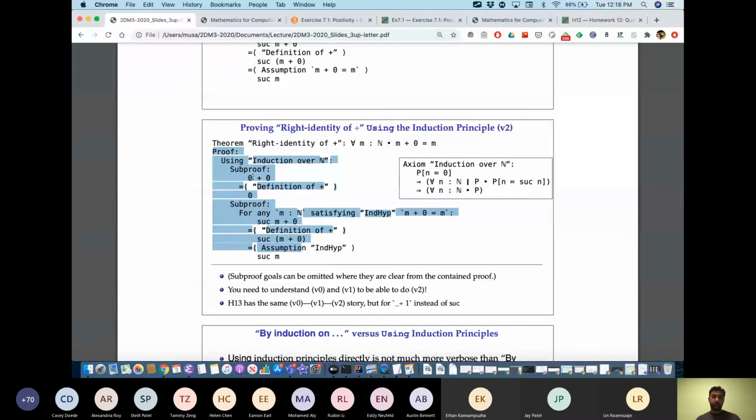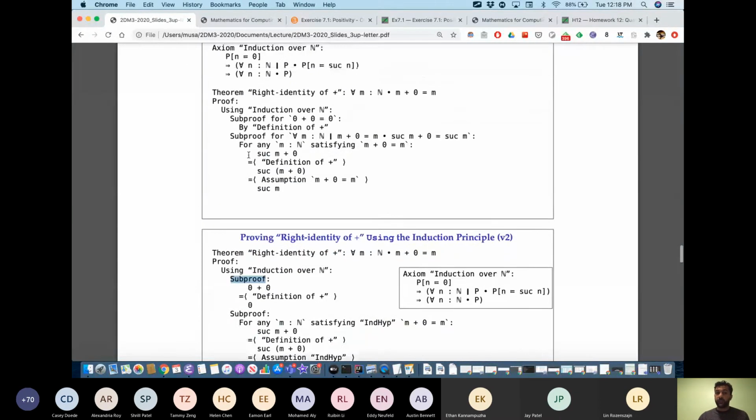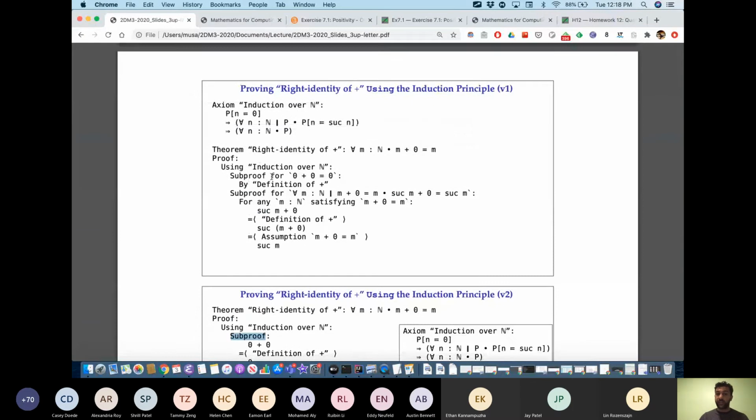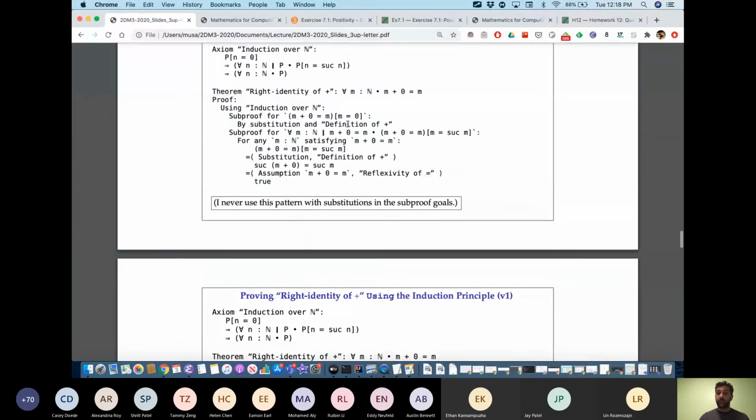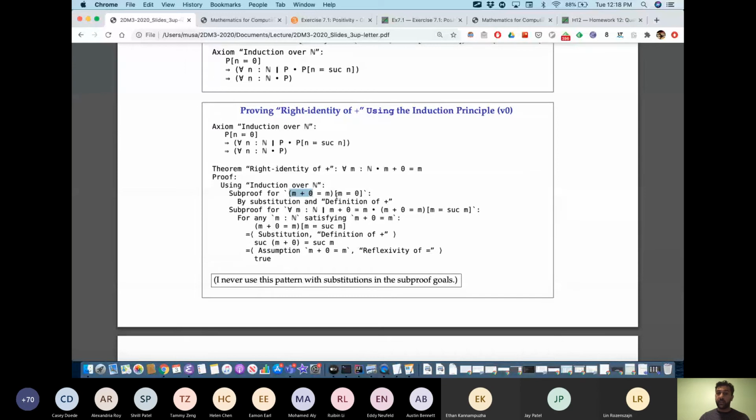You just write the word subproof and you're done, right? And then you begin writing your proof. But do you know what the subproof is? Do you know what you're proving? Right? So if you don't, you should write it down explicitly. And if you're still not sure what's going on, you should go back to version 0 and write everything down, including all the substitutions. Okay?